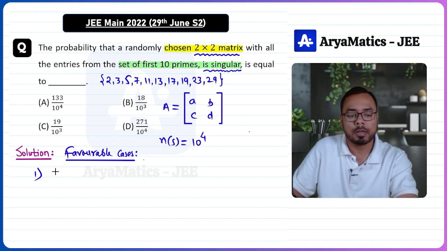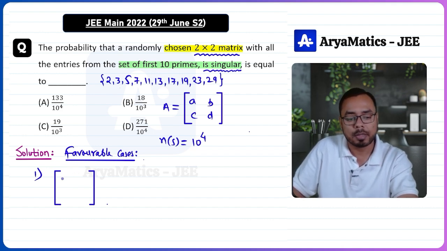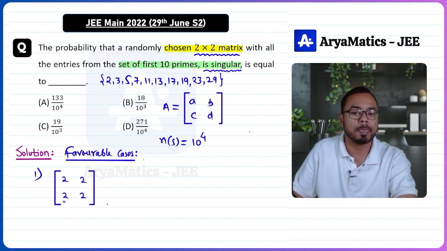For example, let us say I create a matrix like this, where we have selected any one number from there. Let us say we have selected 2 or 3, any number, and then all the entries are the same number. Now, what is the determinant of this matrix? Obviously, the answer is 0, right? So this is one singular matrix.